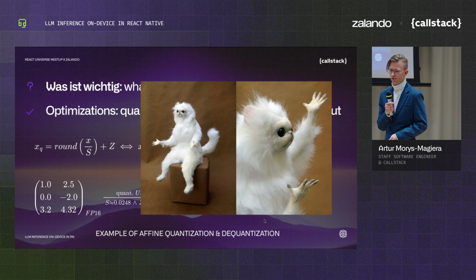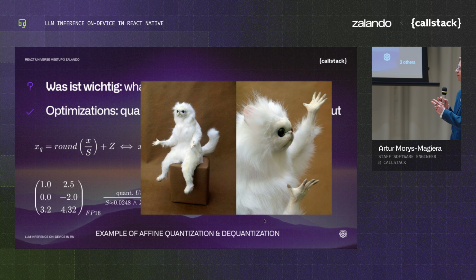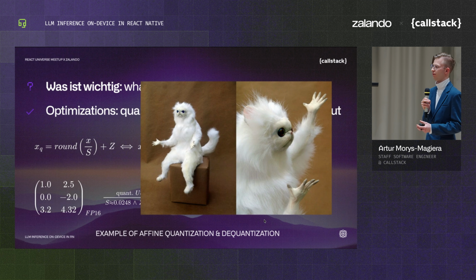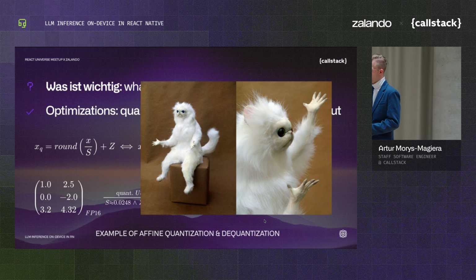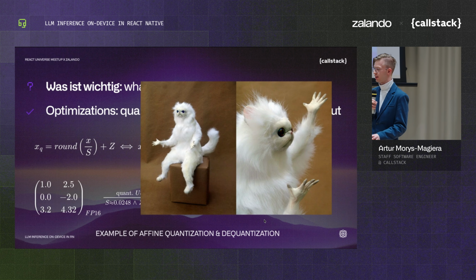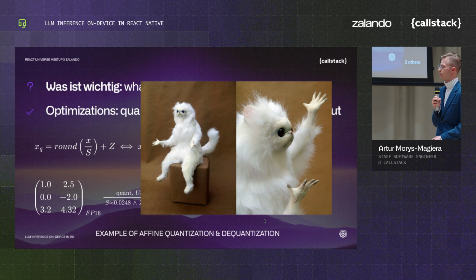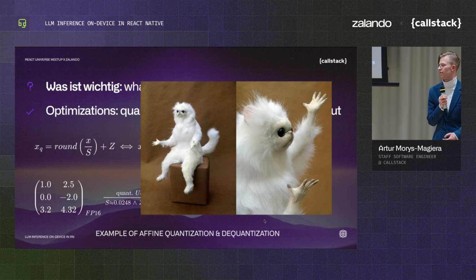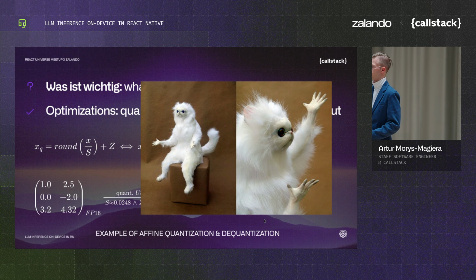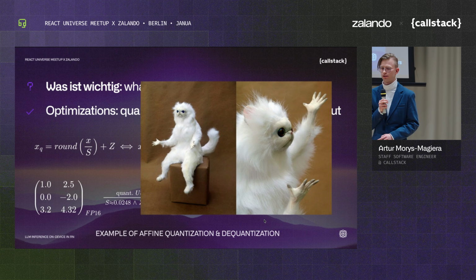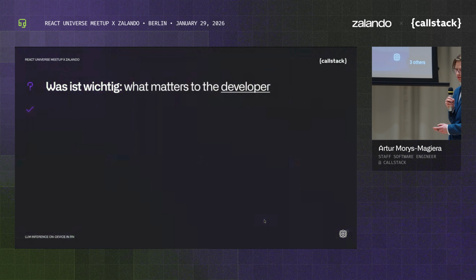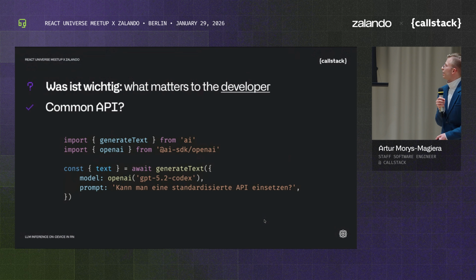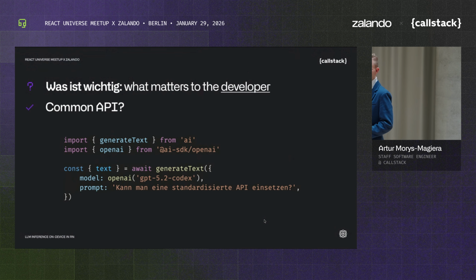So if you have a matrix of weights, you can quantize them, for instance, from a floating point to an integer, and then you can, before inference time, actually dequantize them, and you get an approximation of this matrix. So this is something like lossy compression. And this is a big technique that allows you to save pretty much.